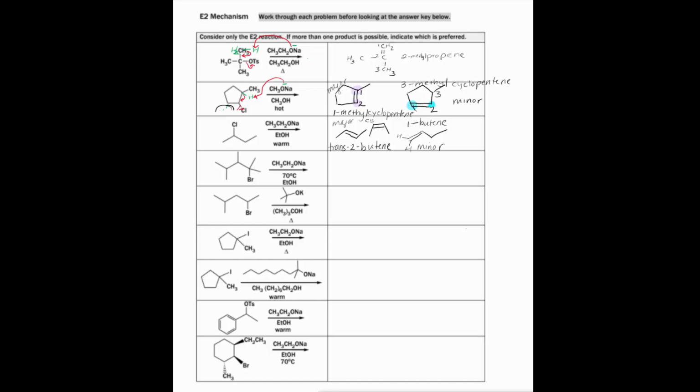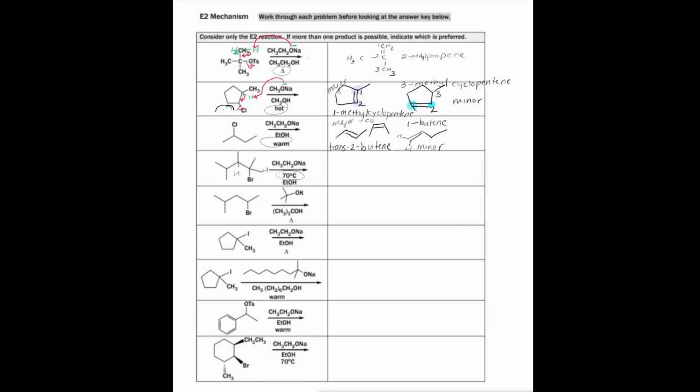For the next compound here, again with our ethoxide and ethanol, and it's warm, the 70 degrees Celsius, the warm, the hot, the delta, they all mean the same thing in organic chemistry. It's warm. Now we have to identify our beta hydrogens. So we have a beta hydrogen here, and we have a beta hydrogen here.